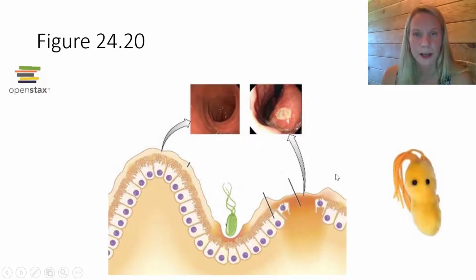Here's a picture of what can happen in the stomach when we get invasion of the stomach mucosa by H. pylori. And remember, I have my collection of giant microbes, my little plush, stuffy toys of the bacteria that I like to talk about in my class.